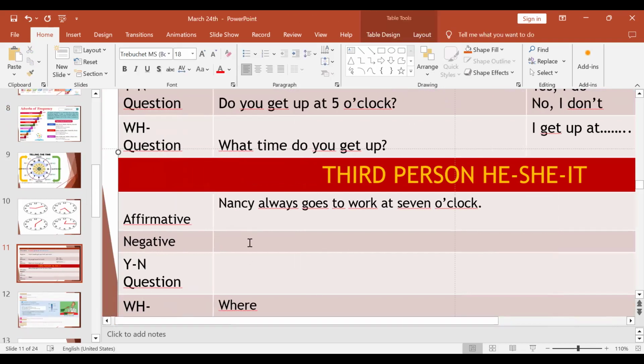Vamos, Kevin, ayúdenme, termine. Nancy never goes to work at 7 o'clock. Ajá. Nancy nunca va al trabajo a las 7. Irá a otra hora menos a las 7.